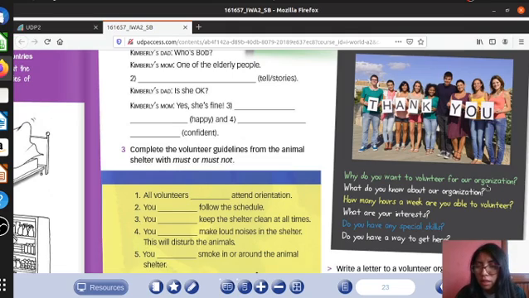The fourth, what are you interested in? Okay, I love your organization, I love your ideas, but I am interested in order to help animals, in order to take care of them, in order to feed them, in order to look for a new home.